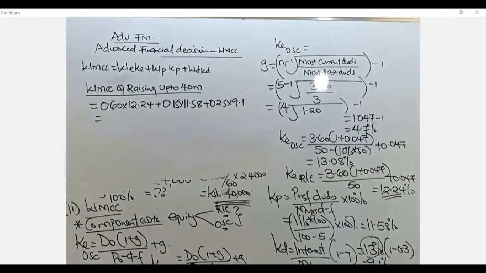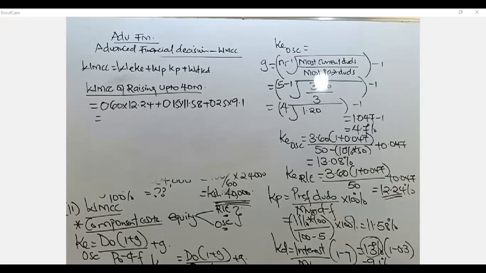Very simple. Someone tell me what is the WMCC of raising up to 40 million? Nobody with a calculator? Nobody.